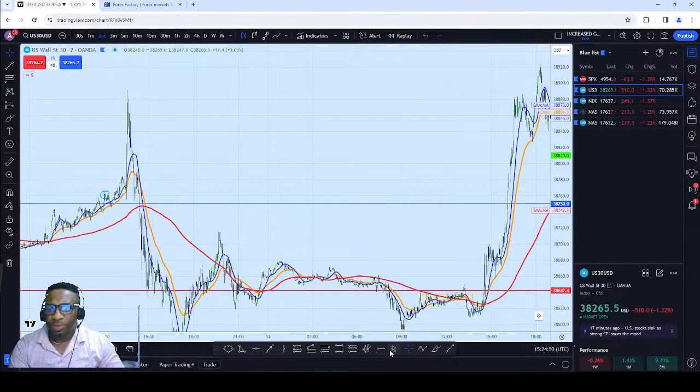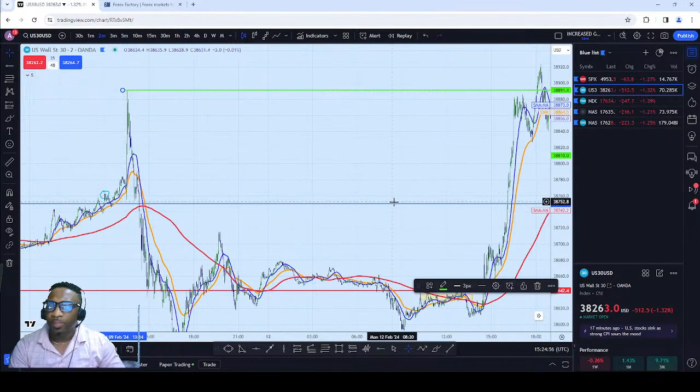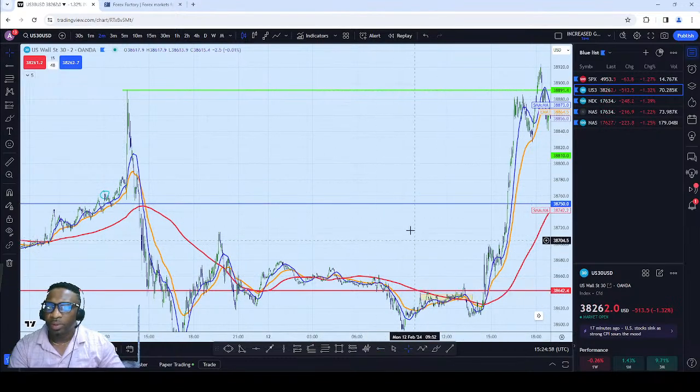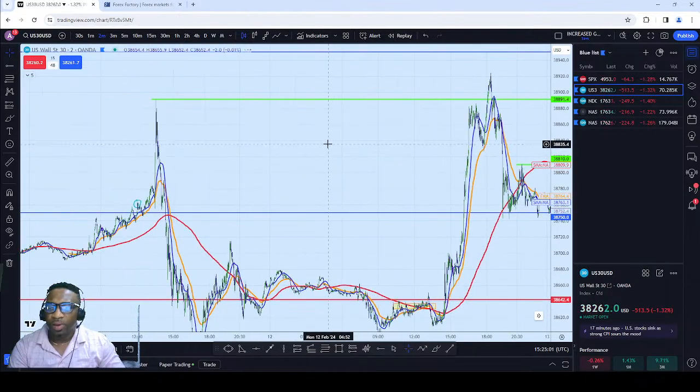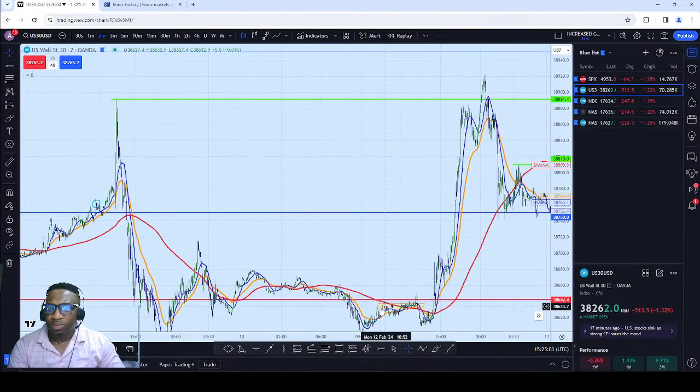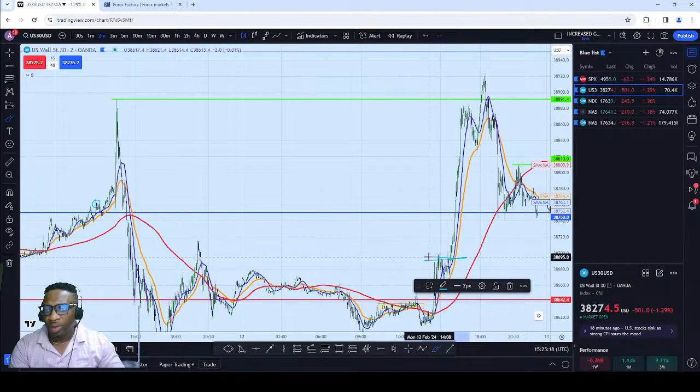If I put across a ray, okay, so this was the move that during our session yesterday we were looking to get on, but it didn't happen until we finished the session. So as I said, I got involved somewhere here, and then rode it up until it got to this previous high, and then I came out.